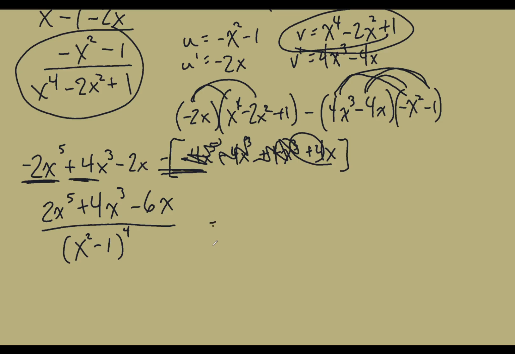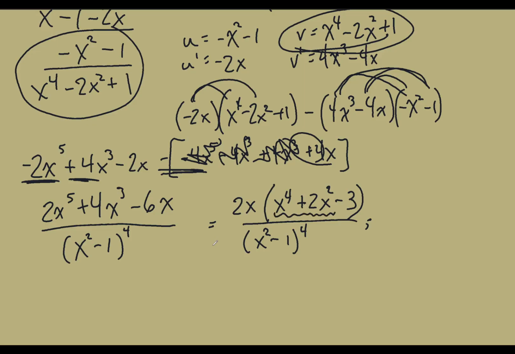So if I want to simplify it all, what can we take out? We can take out a 2x. And we get x to the fourth plus 2x squared minus 3 over x squared minus 1 to the fourth.